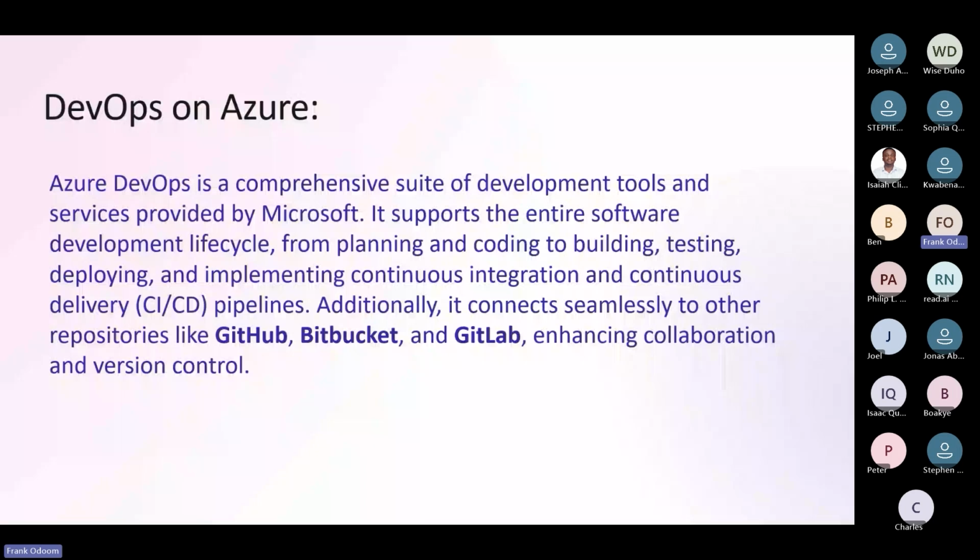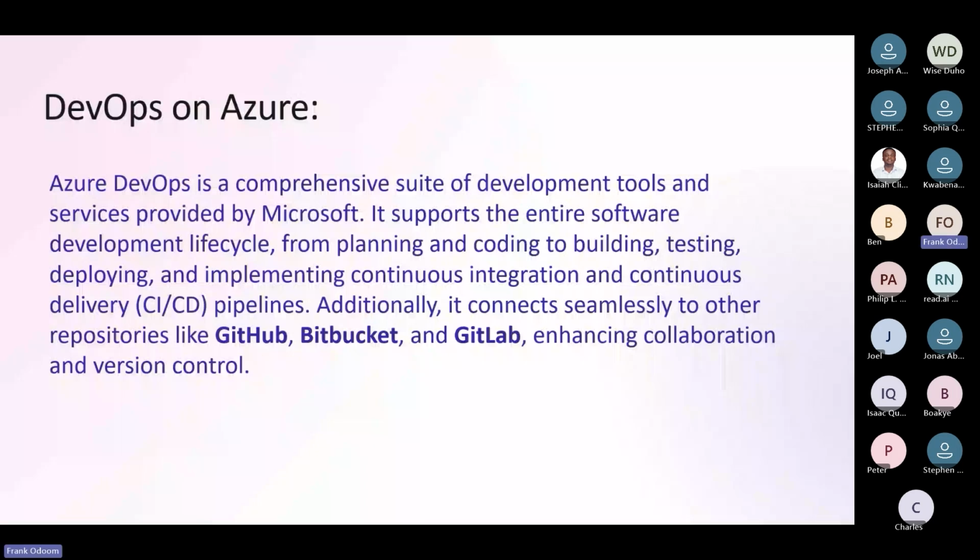DevOps also allows you to connect to GitHub, Bitbucket, and GitLab. So there is a service on Azure called Azure DevOps. We'll look at that probably in another meetup as a specific topic. So we've looked at platform as a service, infrastructure as a service, and software as a service. Azure DevOps is a software as a service.